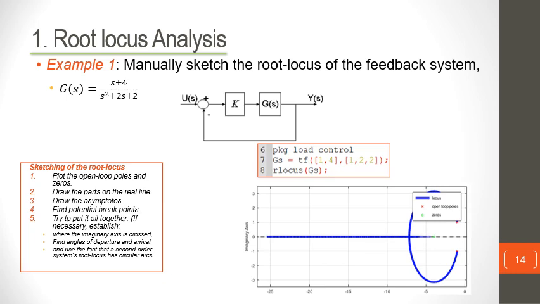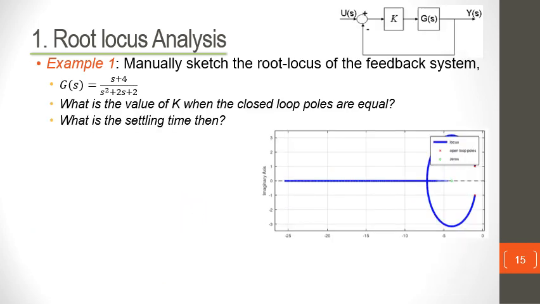What we see here is that if we use these commands, we load the control package and the transfer function and plot the root locus, we see that the root locus will move from these two poles, and then it will move to the 0 and the 0 in infinity, as per the sketch that we have just produced.